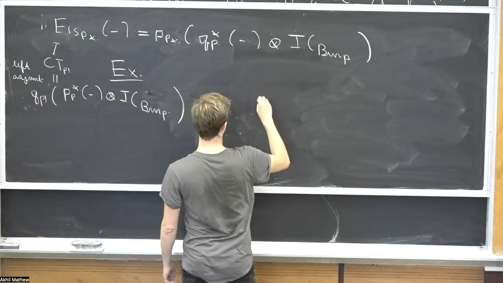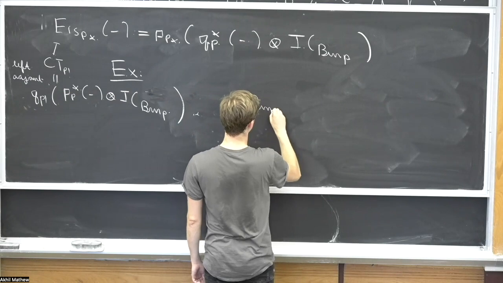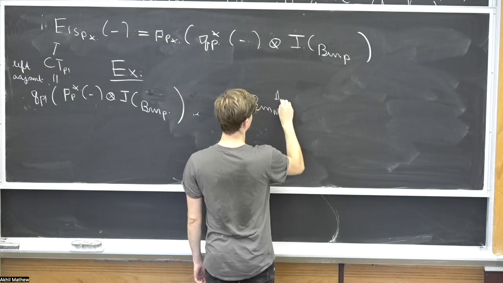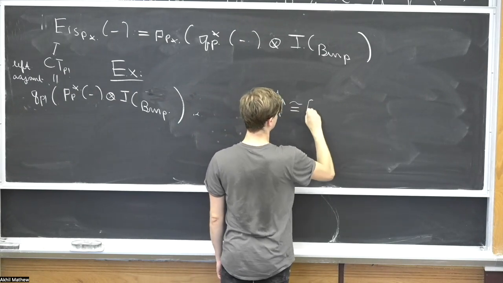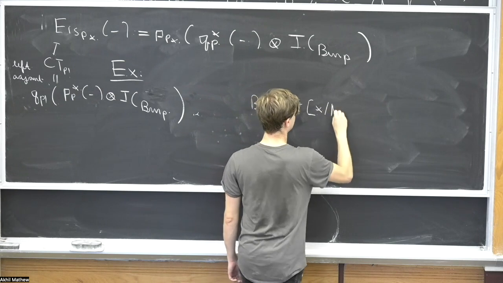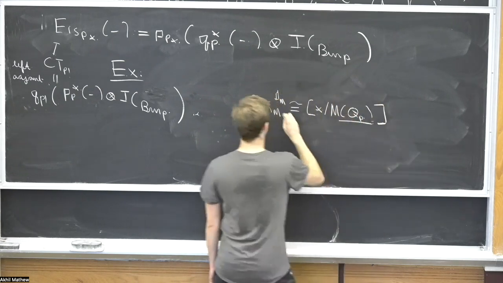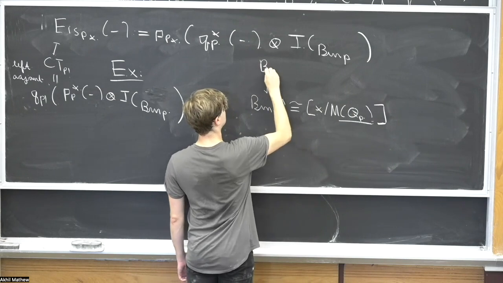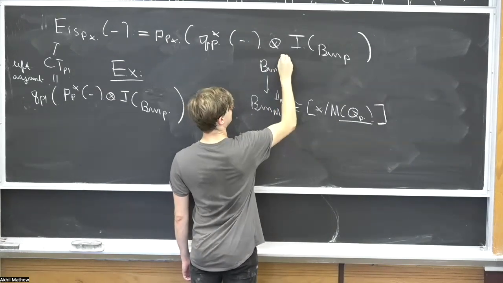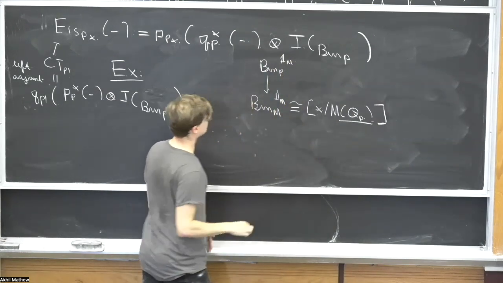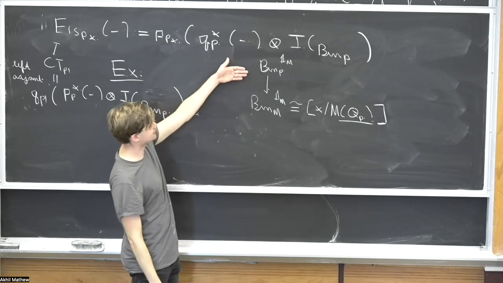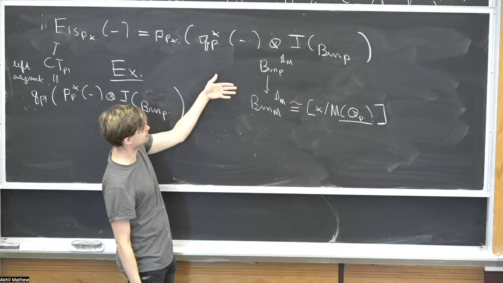So in particular, we can just look at the locus in Bun N given by the trivial M bundle. So again, this is just going to be some classifying stack like this. And then we could take the pre-image along this map. In other words, what we're looking at is a filtration such that the graded pieces are the trivial vector bundle.